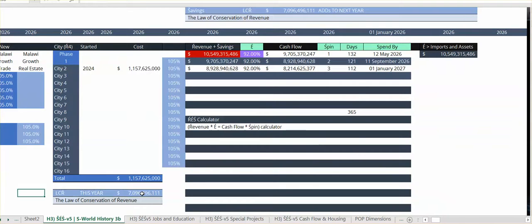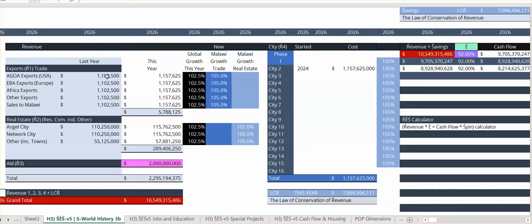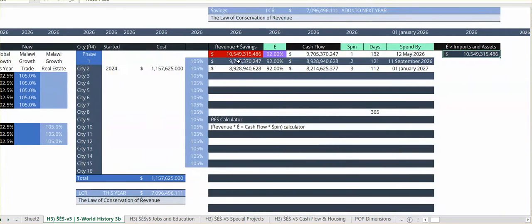It's added to the token exports, the real estate, the city, the aid, which starts and then stops after about 10 years. Okay, that again becomes there, goes to there.